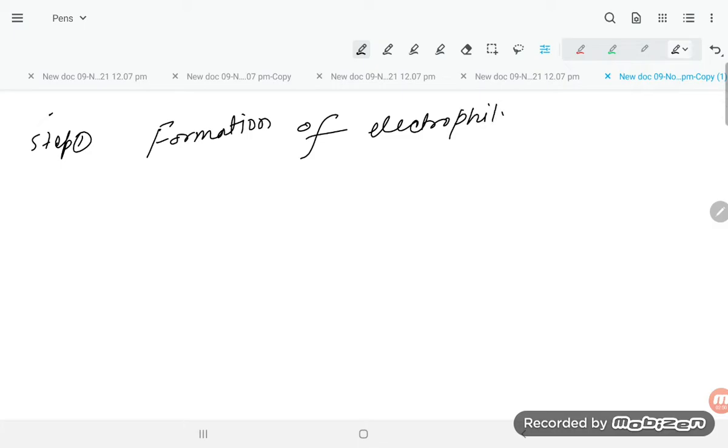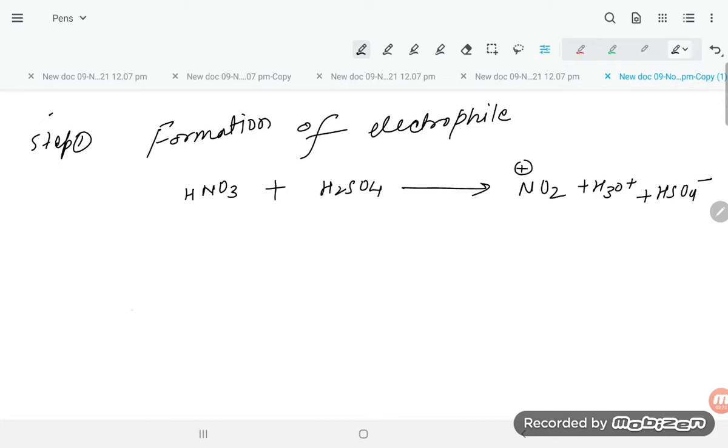If you talk about formation of electrophile, how is it formed? The nitric acid is there, HNO3, and then sulfuric acid, H2SO4. It is going to give NO2 positive, and secondly it will give H3O positive, and lastly it will give HSO4 minus.